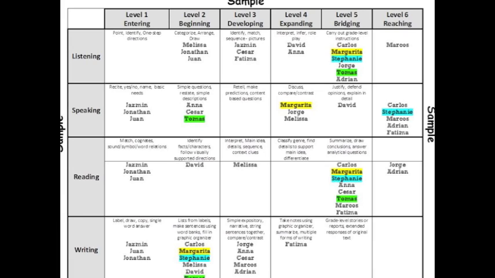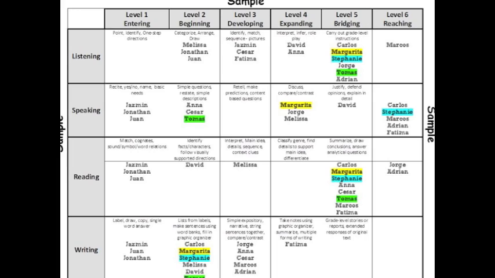Okay, this is just another example of a can-do descriptor. Like level 1, you see the person's name, they're entering, and then they're beginning, and then you can use the previous slide that I showed you to see exactly what they can do. But this one shows the student's name listed in each subject.